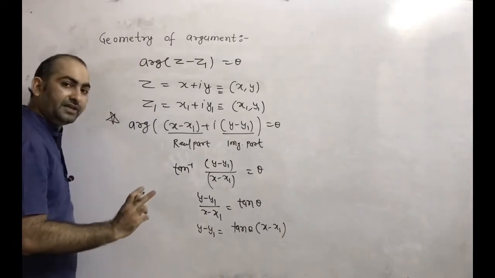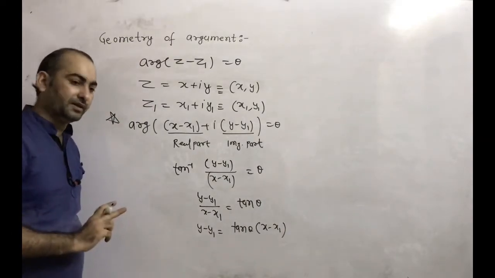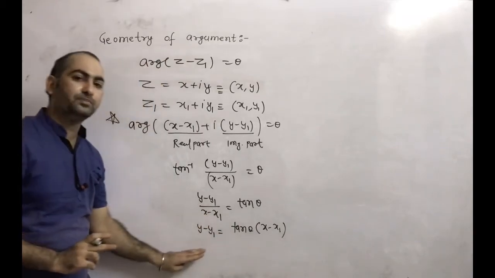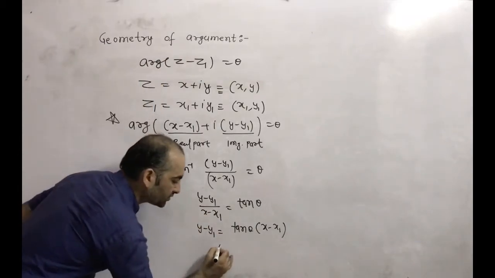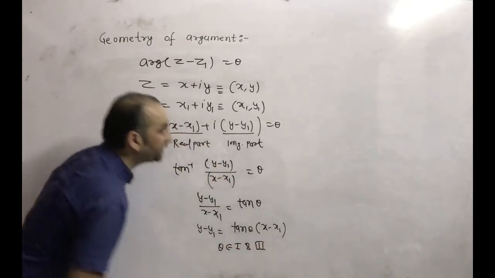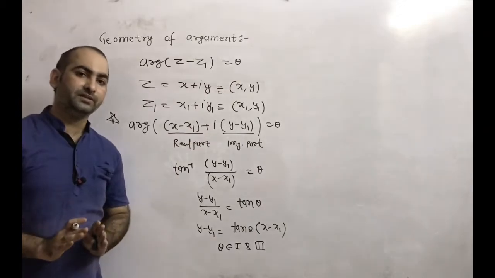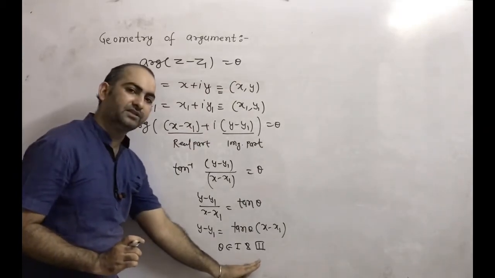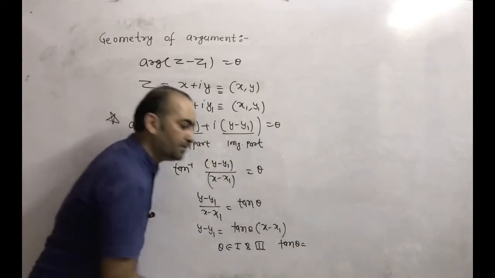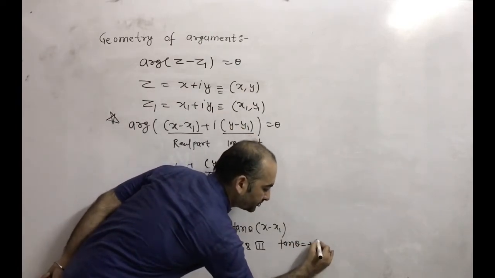So if theta is in the first and third quadrant, then tan theta is positive. Okay, then we can say that the slope of the line is positive. So if theta belongs to the first and third quadrant, tan theta is positive.